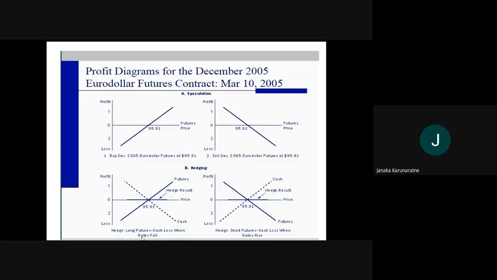Then go to the graph below that, the hedge position. What happens in the cash market? So how does the futures price rise?